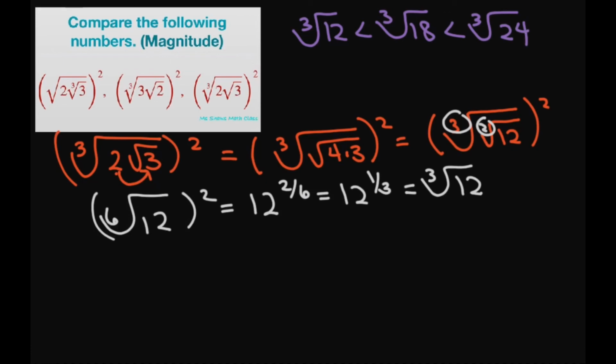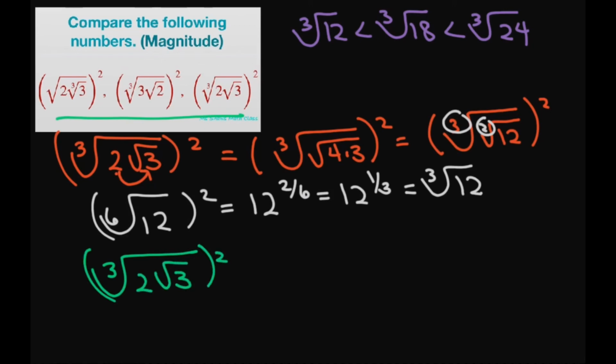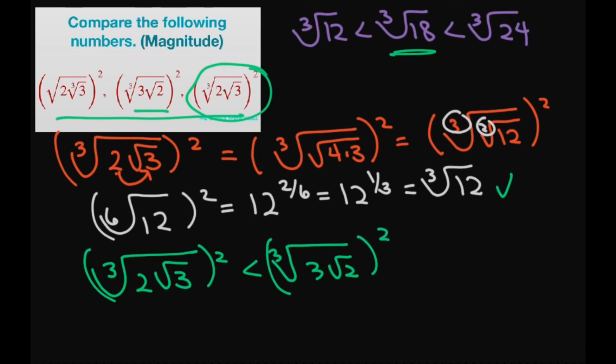Matching this up to what we had, the cube root of 2 square root of 3 squared is smaller than the cube root of 3 square root of 2 squared, which is smaller than our first one, the square root of 2 cubed, cube root of 3 squared. And this will be your final answer.